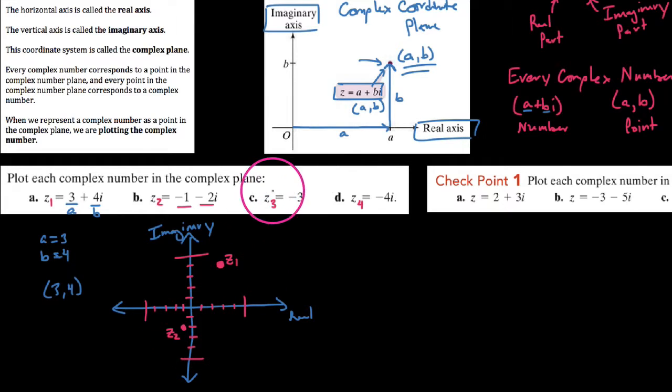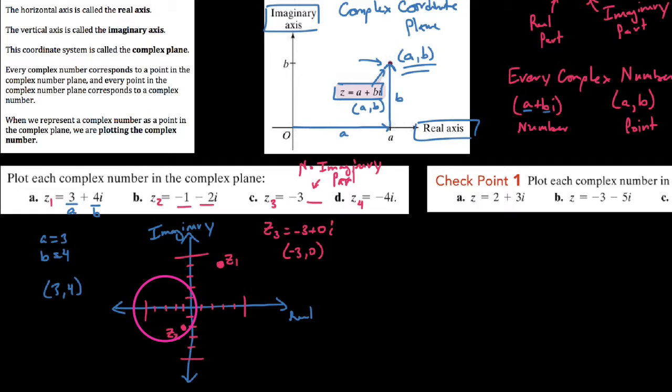Now, with respect to Z3 and Z4, you'll notice that Z3, I'm going to rewrite as Z3 equals -3 + 0i. The reason why is because we have a real part, but no imaginary part. When we lack an imaginary part, we could certainly write this as -3 + 0i. It's not a necessity to do so, but that would be the same thing as just -3 on our real axis.